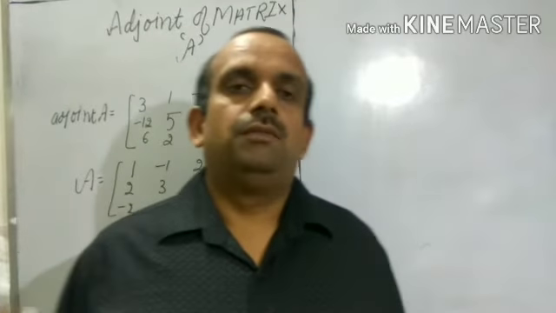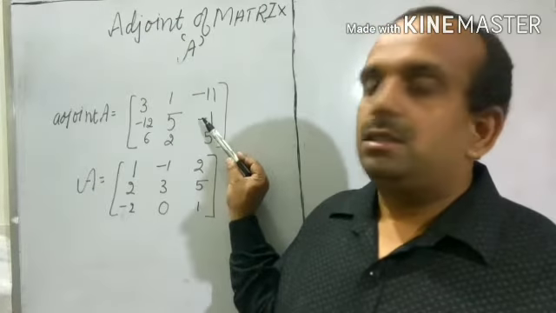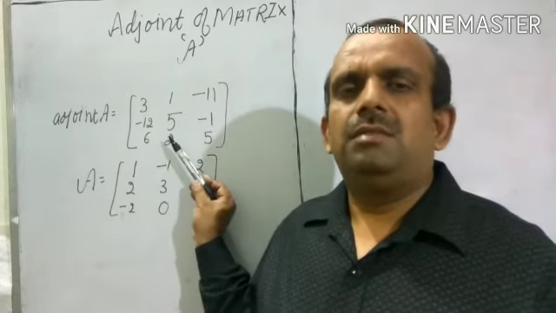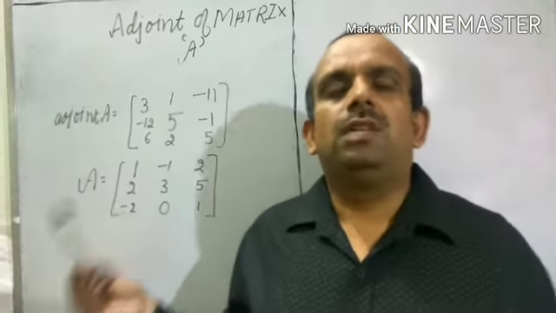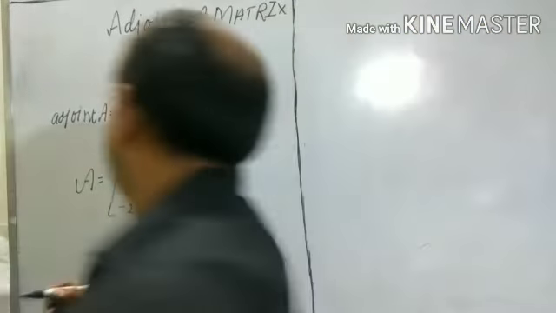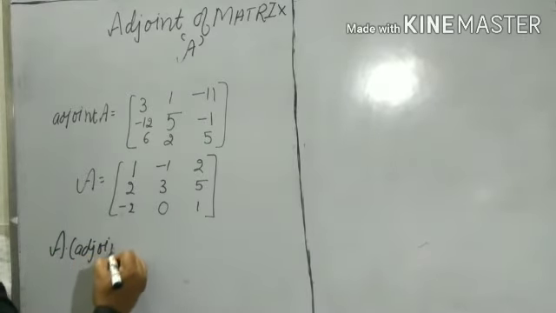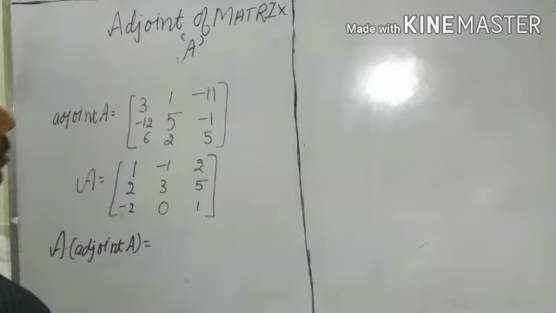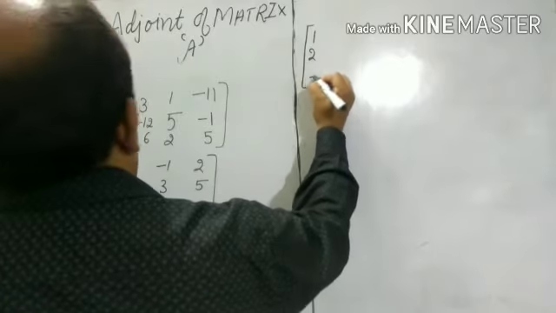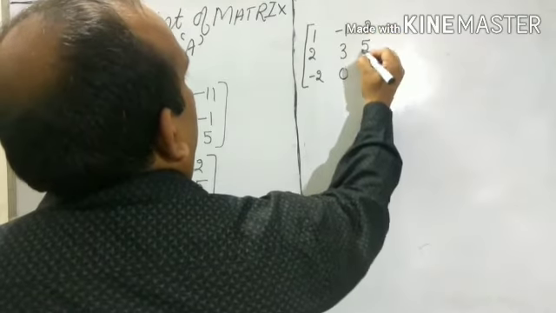Dear students, we have two matrices in our question. First is adjoint A, second is A matrix itself. Let us multiply them, and see what this multiplication will be equal to. So we'll take A multiplied by adjoint of A. First we will write A: 1 2 -2, -1 3 0, 2 5 1.